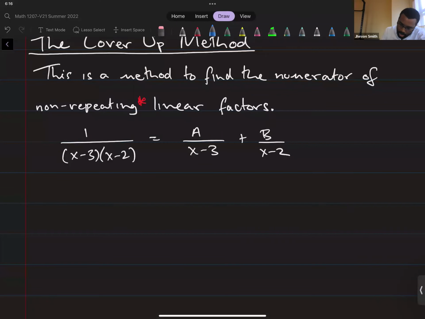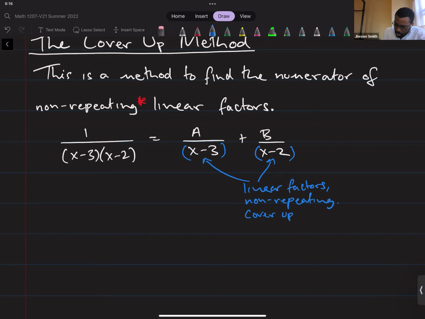So these here are linear factors, non-repeating. They're not raised to a square or a higher power. So the cover-up method works here.